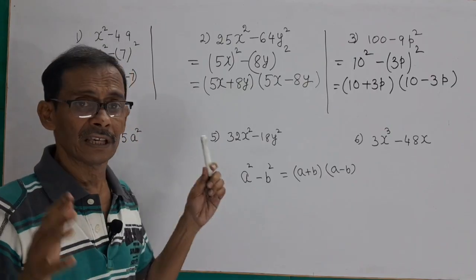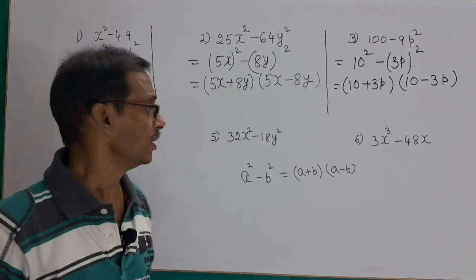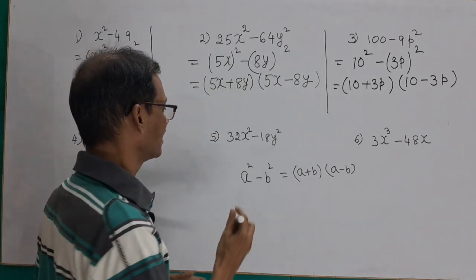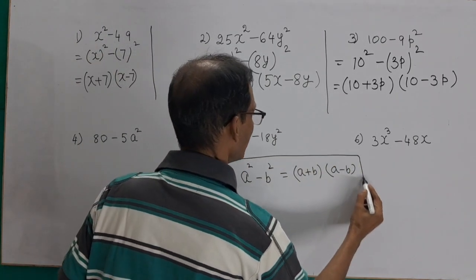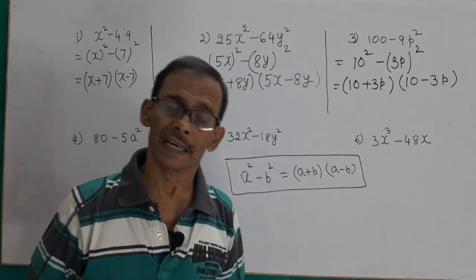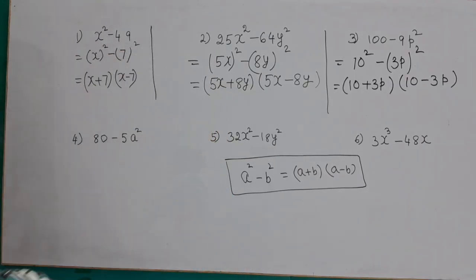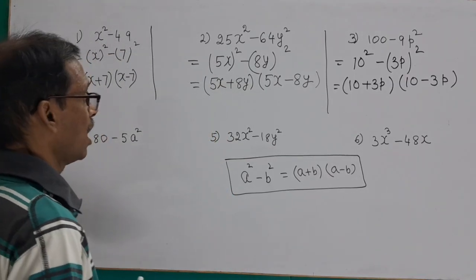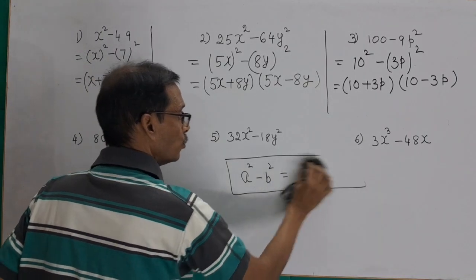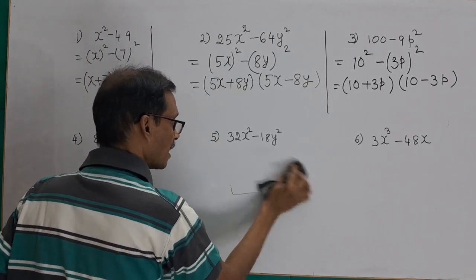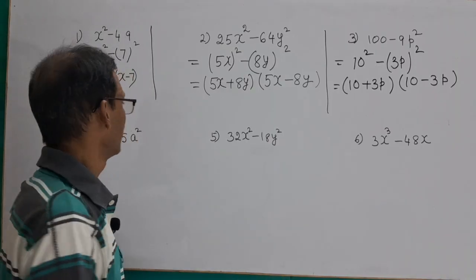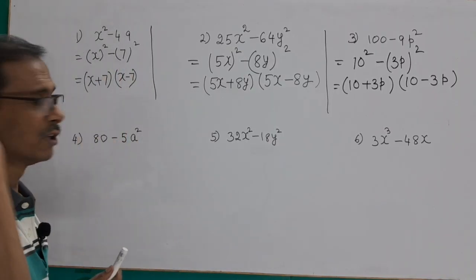We are using a square minus b square equal to a plus b into a minus b as the identity, which is a very important identity in class 8. So now once you understood this and you memorize this, now it is inside your memory.